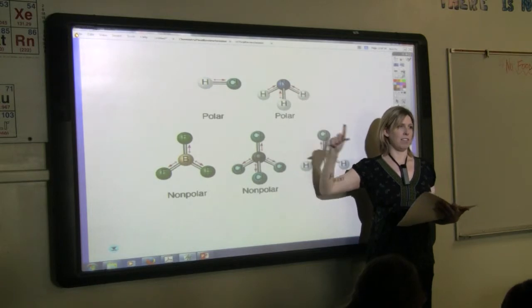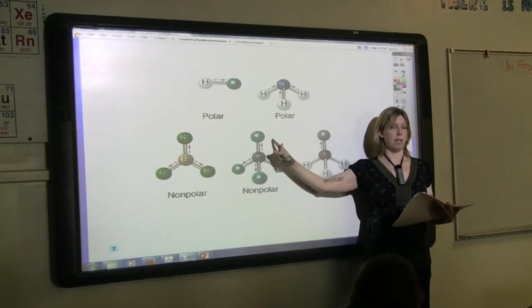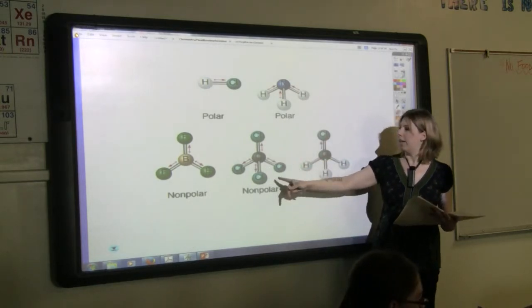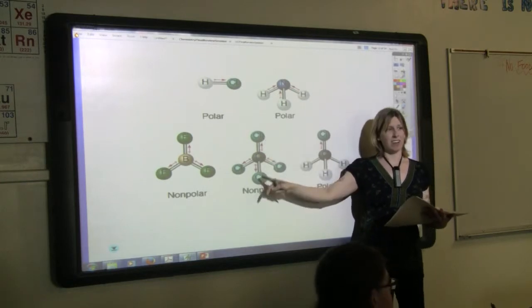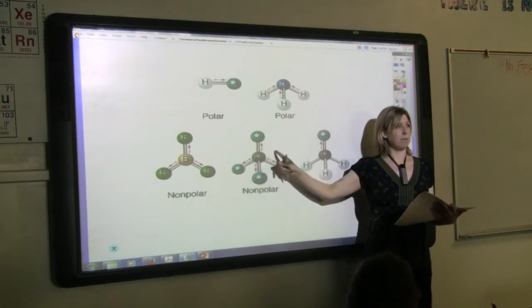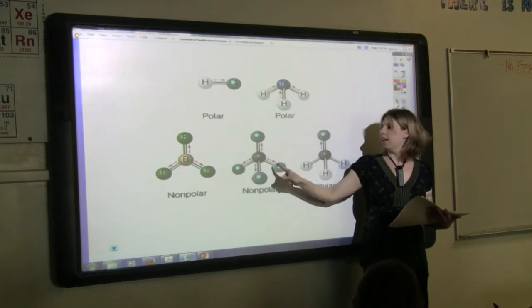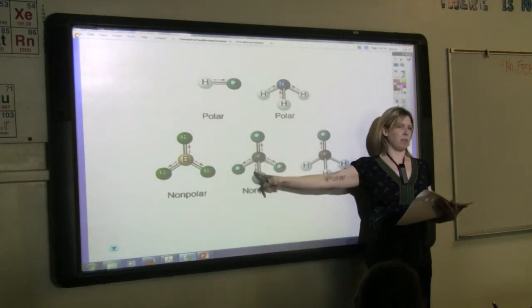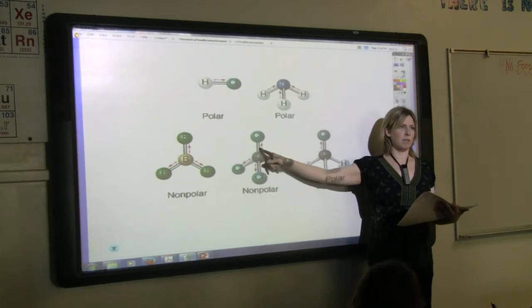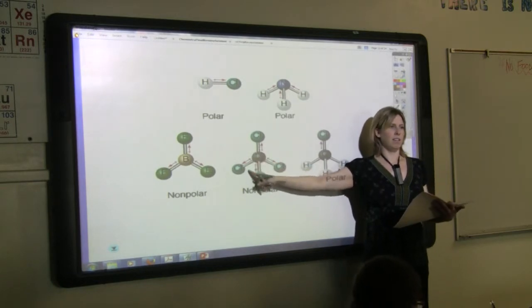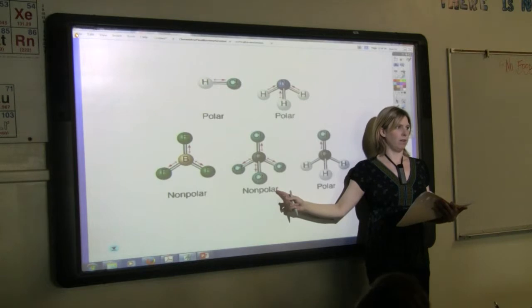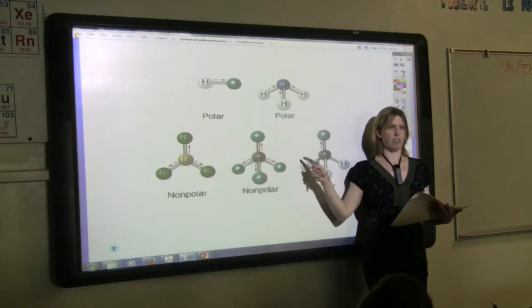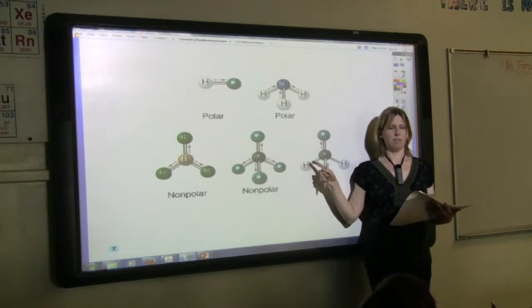So that's the first step, polar bond. Now, if they didn't cancel each other out, then that made a polar molecule. In the case of CCl4, they cancel each other out. So even though the bond is polar, the molecule is nonpolar because they cancel each other out. You guys remember that?